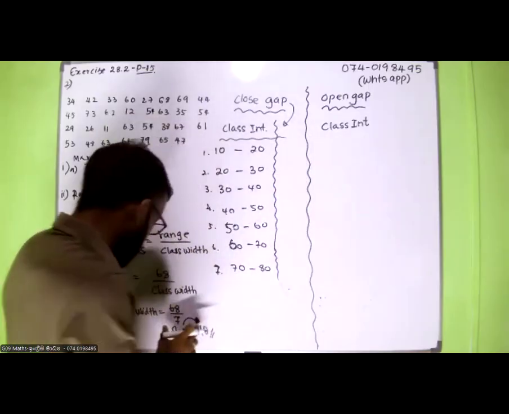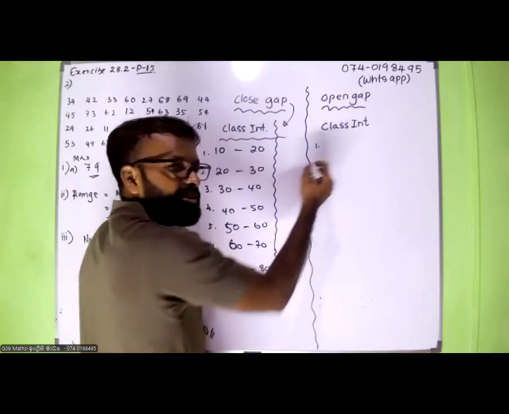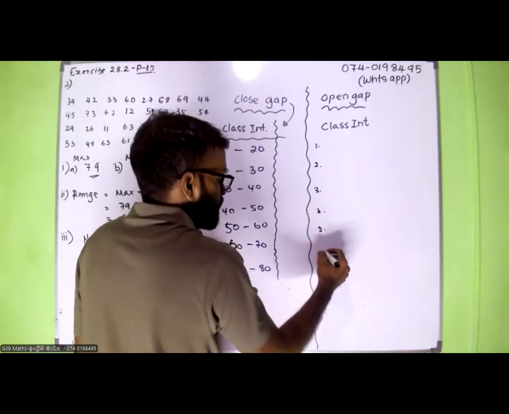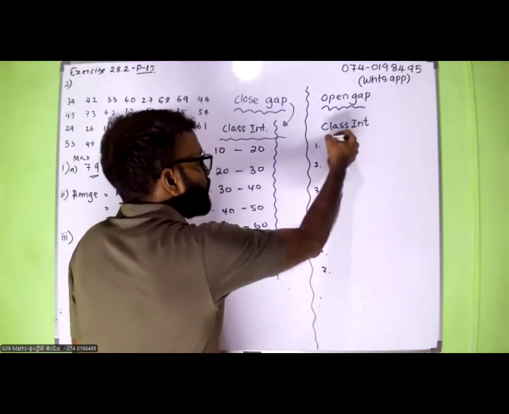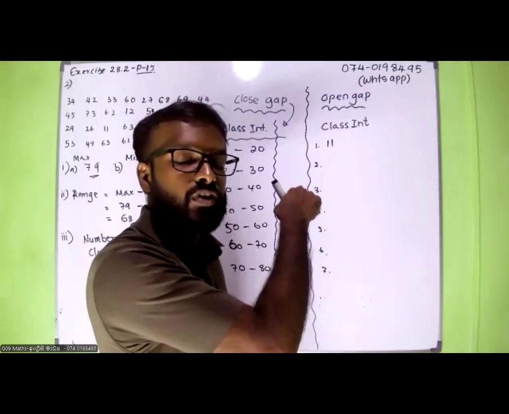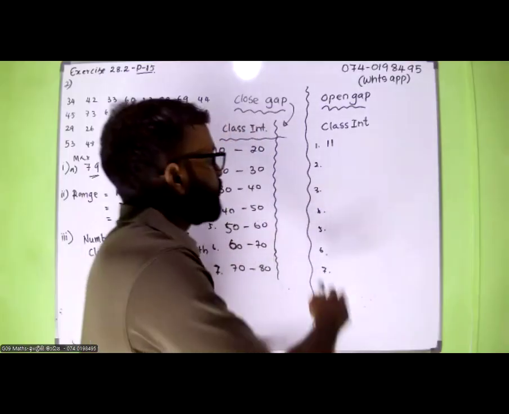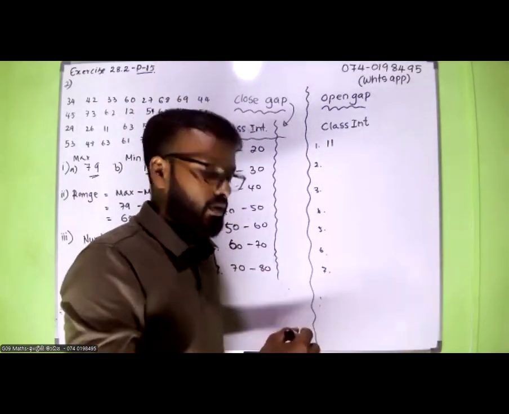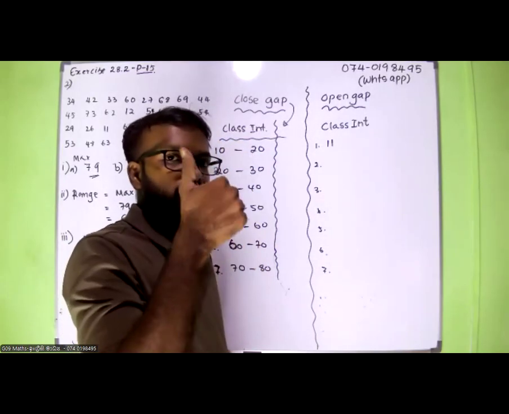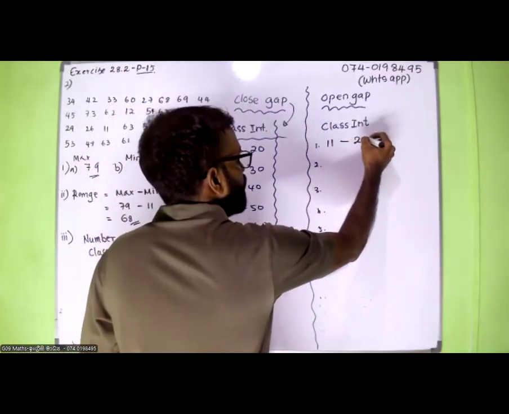So how many class intervals should be there? 7. I am taking my pencil and marking 1, 2, 3, 4, 5, 6, 7. So the starting point is 11. How many values should be included as the class width? In this example, class width is 10. So, including 11, you have to count 10 values: 11, 12, 13, 14, 15, 16, 17, 18, 19, 20. 11 to 20.